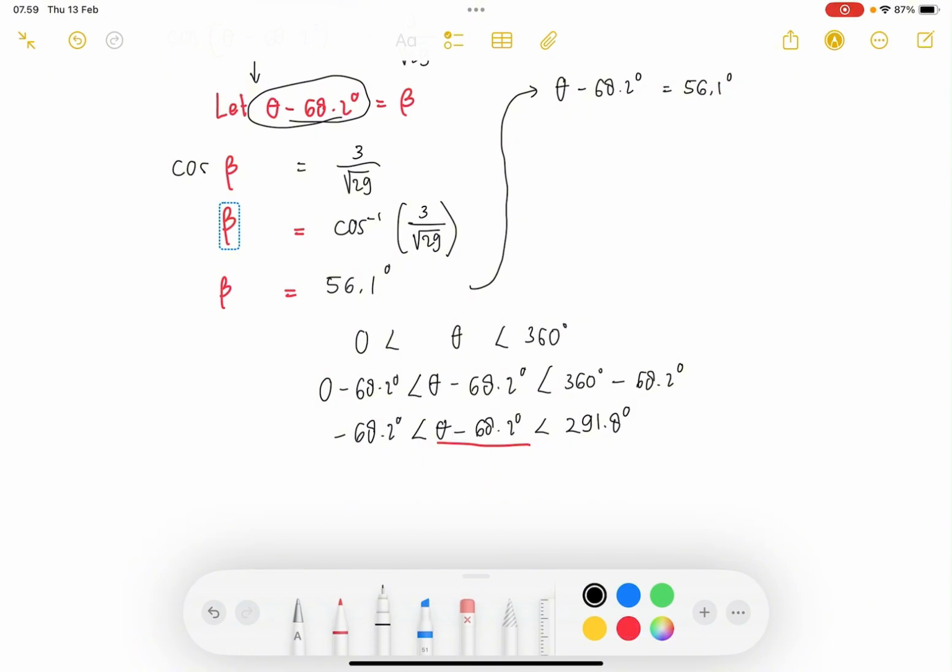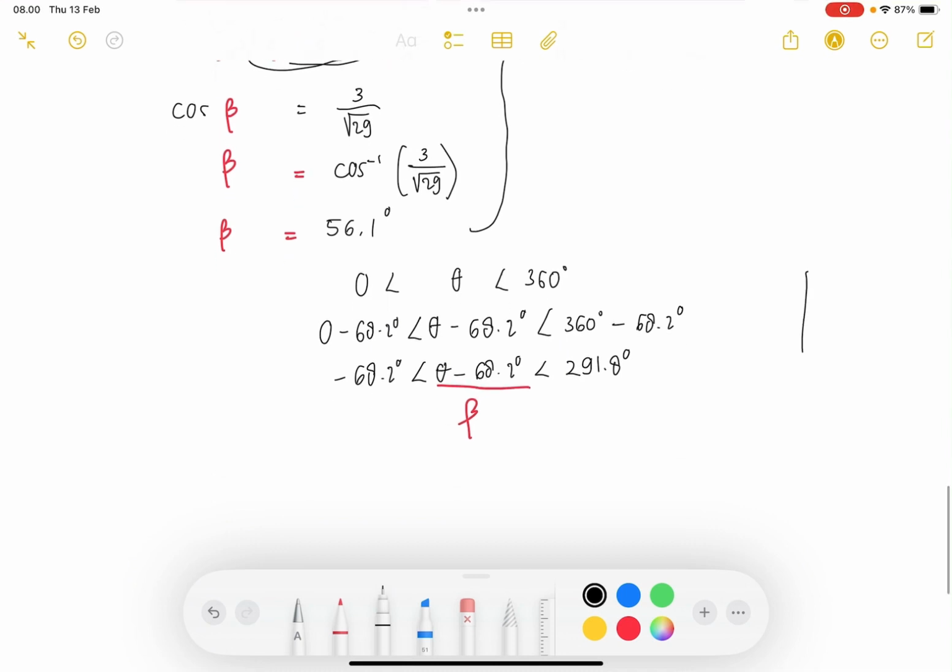So after that we know the interval of beta. Now we can check how many quadrants we are using in this interval. Correct, we will use 4 quadrants positive and 1 quadrant negative.